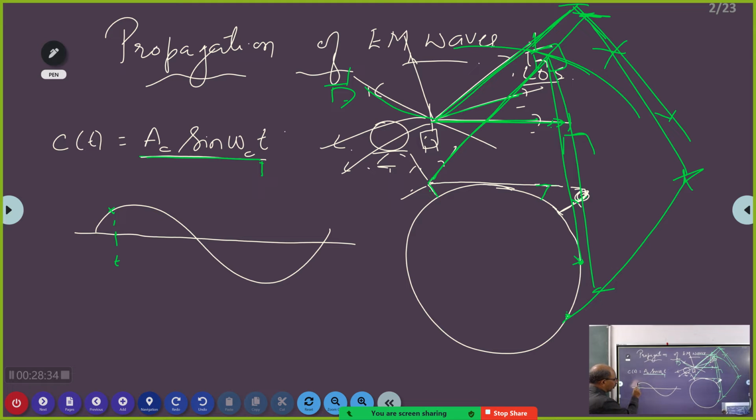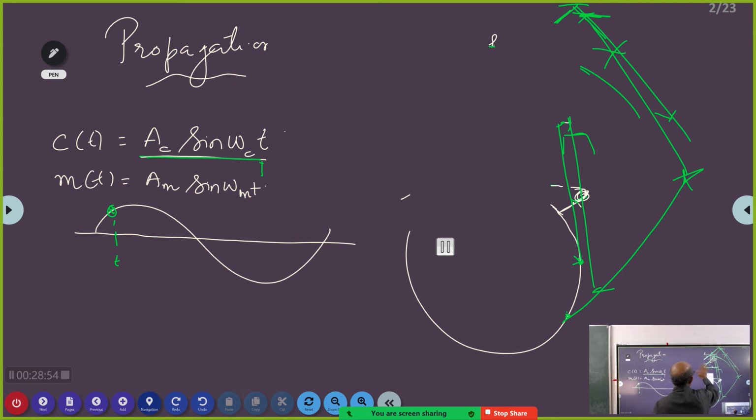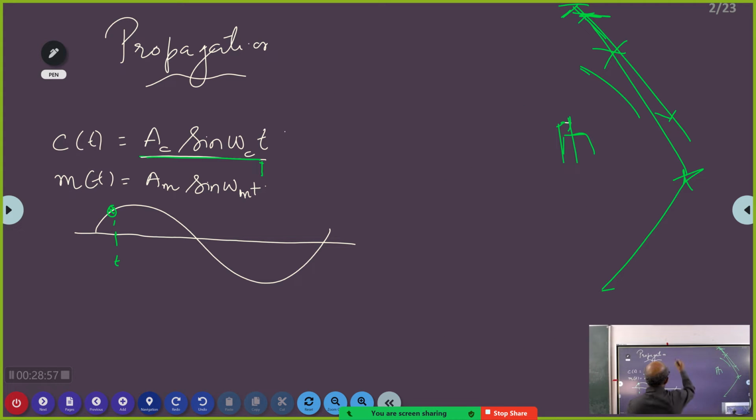Now here you see, this value will change in accordance with the modulating signal. So the modulating signal has this form, Am sin(ωm t). And remember, this ωm is very small compared to ωc. Keep this in mind.